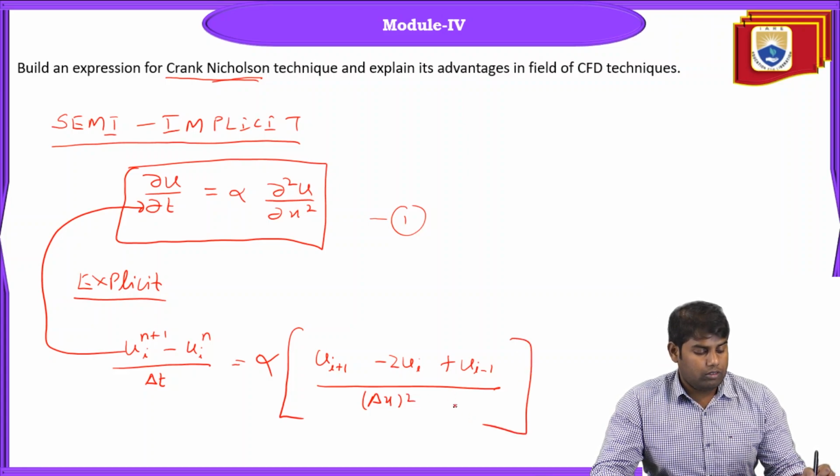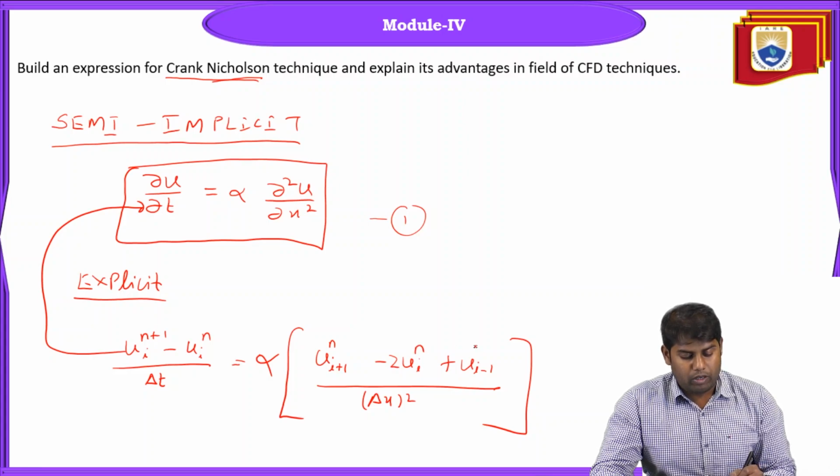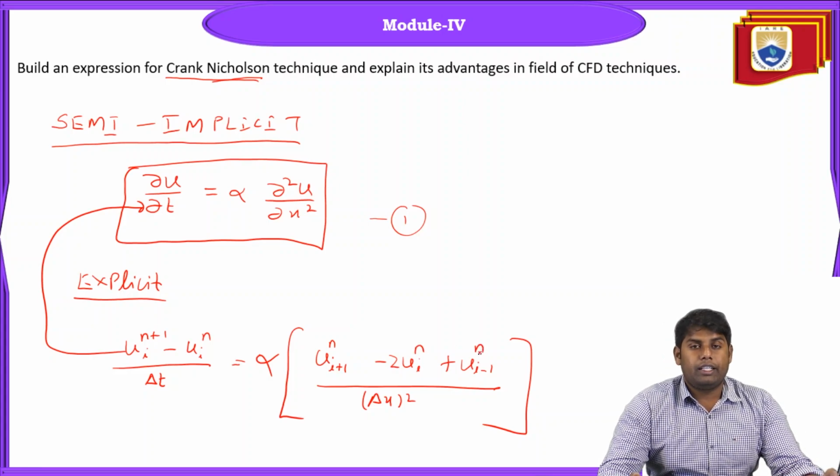So this is what we have. Now for the explicit method, all these RHS terms are known values, so we keep them at n. That is the meaning of explicit.